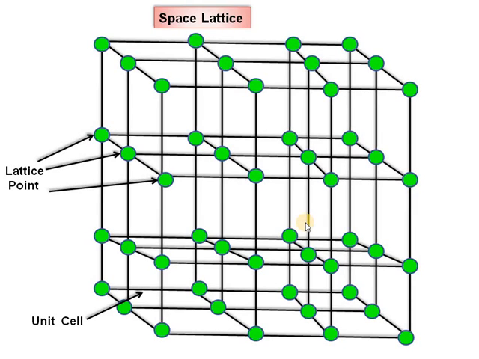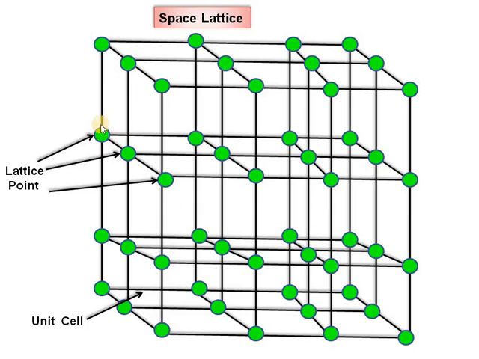This is a lattice point. This is another lattice point. This is another lattice point. By joining these lattice points, we get the structure of the crystal. This is an example of a solid like a sodium chloride crystal.